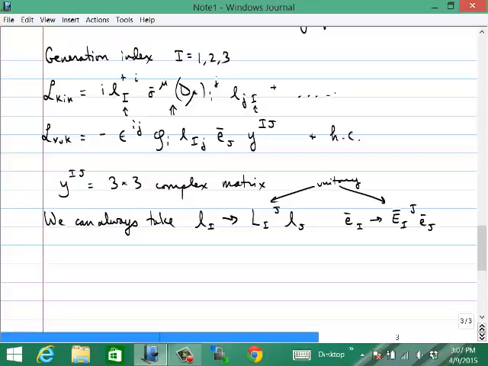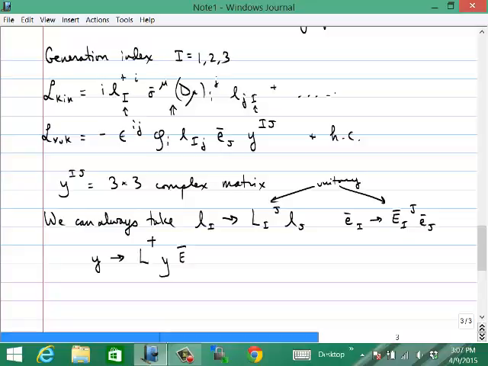So you can always do a change of basis. The kinetic term will remain invariant, but this matrix Y will transform by the action of L dagger on the left and E bar on the right.